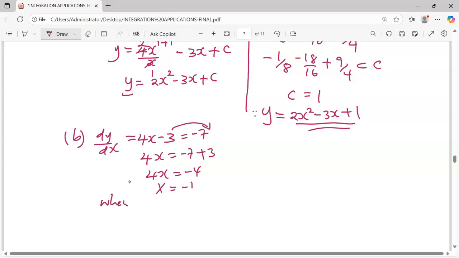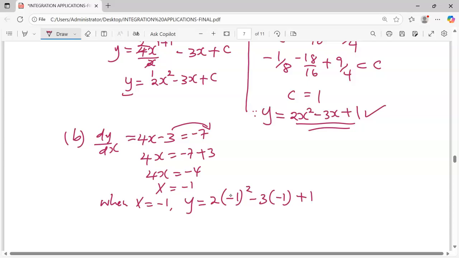When x is equal to negative 1, then y is equal to 2 into x, which is negative 1, squared, minus 3 times x, which is negative 1, plus 1.